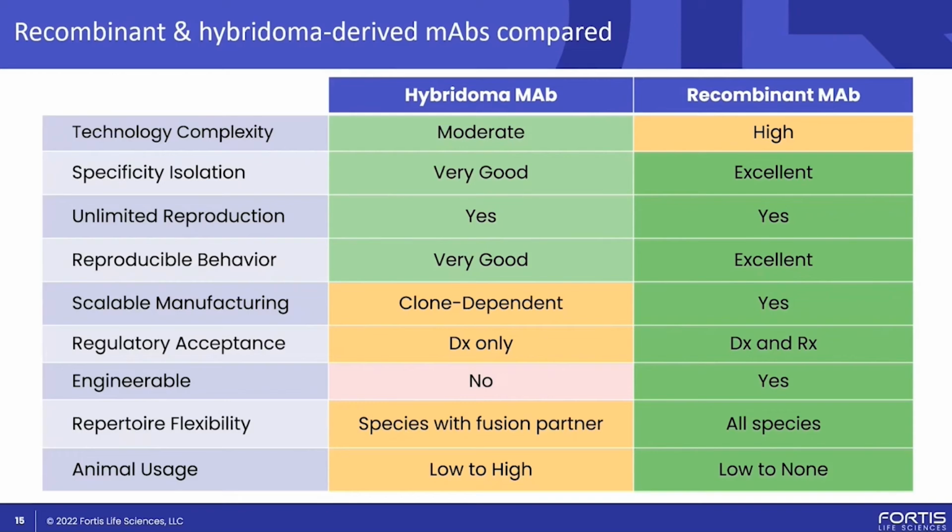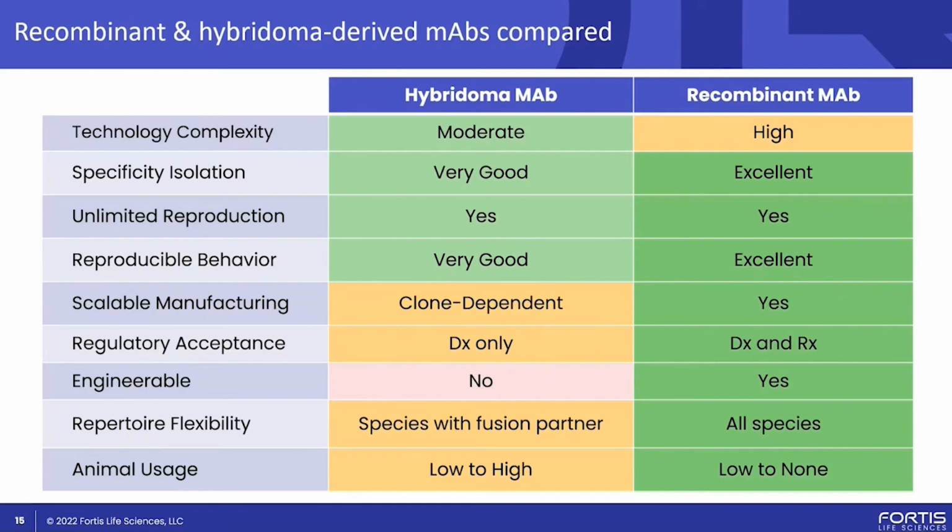So hybridoma antibodies are all derived using hybridoma technology. There are nuances in terms of how that technology is applied, but recombinant antibodies can be derived from, as we just saw, several different technologies, and each of those can contribute in different ways to the properties of the end-to-end process of generating that recombinant antibody.